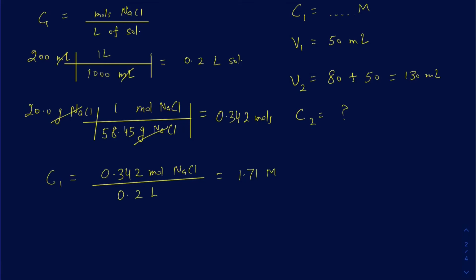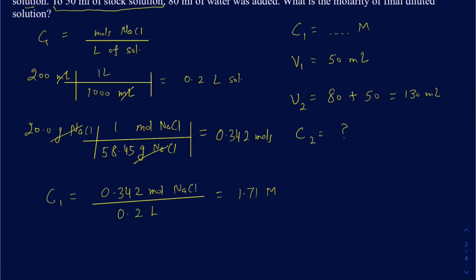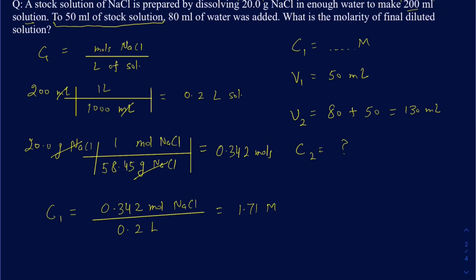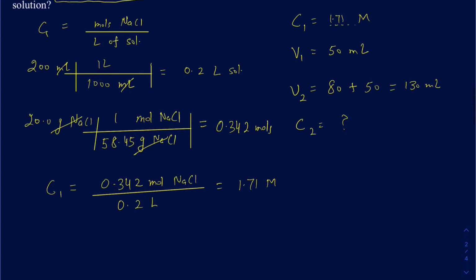Okay, so now we know C1, so I can go back and plug it in there. It's going to be 1.71. From here, it should not be hard to figure out what C2 is going to be. So now we can use the dilution formula: C1 V1 equals C2 V2. When I rearrange it to find C2, I would do C1 V1 over V2.